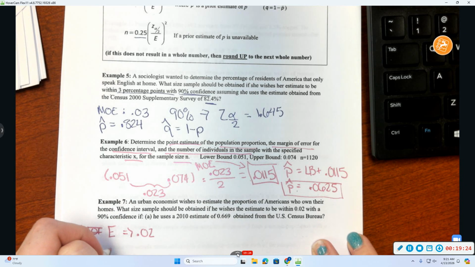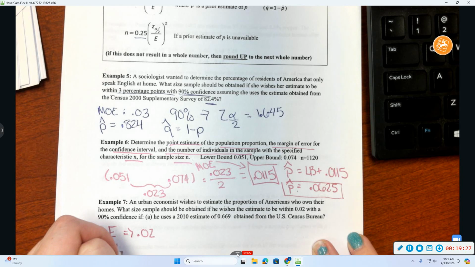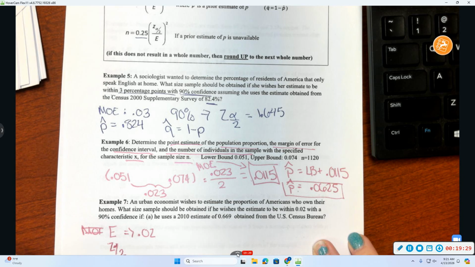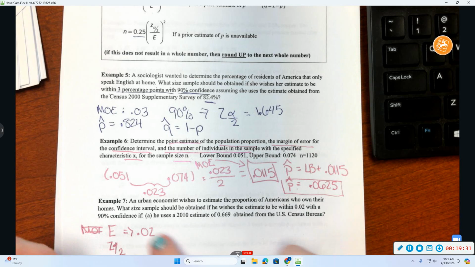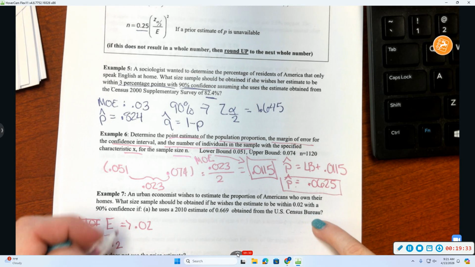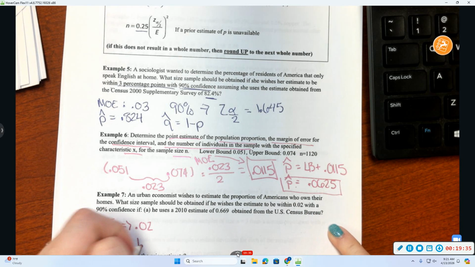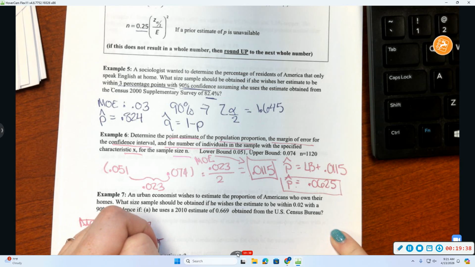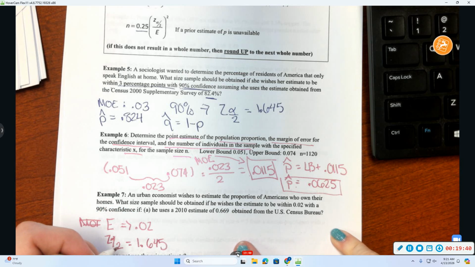My Z alpha over 2 is still my 90%. He still says 90% confidence. So we're looking at 1.645.